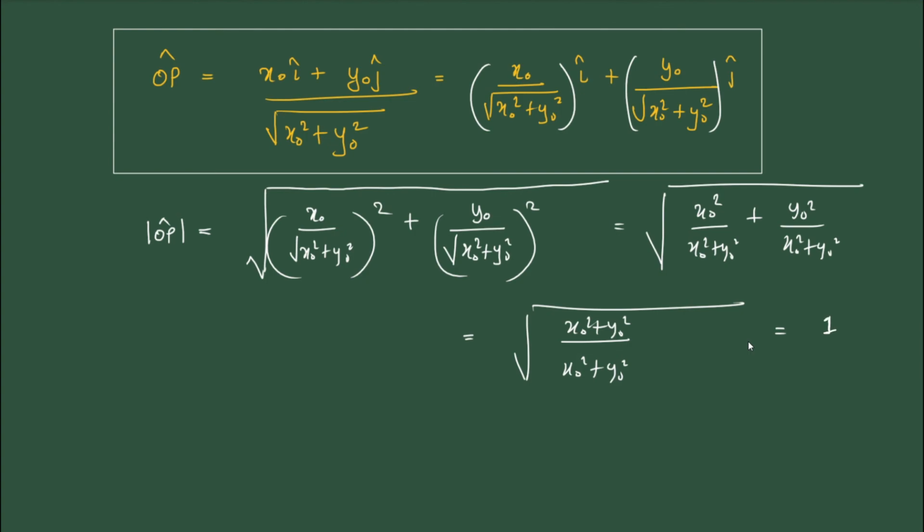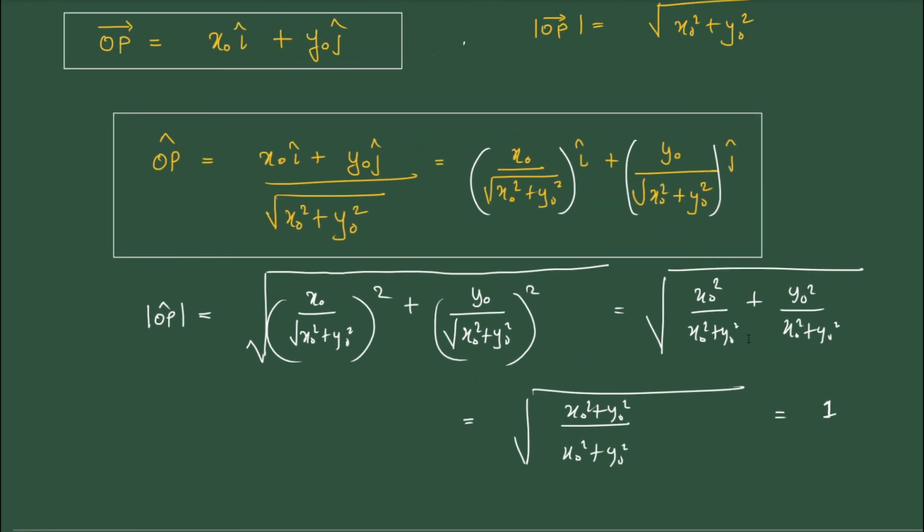It comes out as 1. So I have confirmed that we got the unit vector and its magnitude is again coming out as 1.